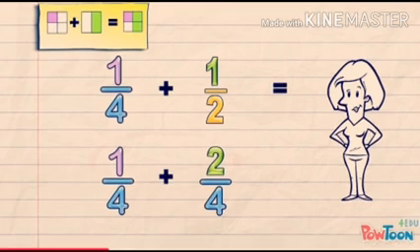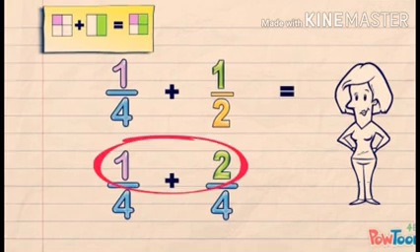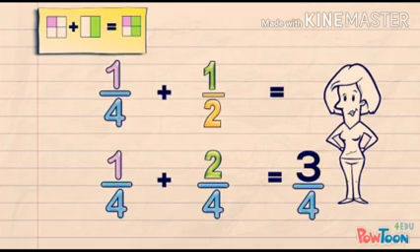After multiplying, you get 2/4. Now the denominators are common. Now you can add the numerators as per the second step. 1 plus 2 equals 3, and you will keep the denominator the same.